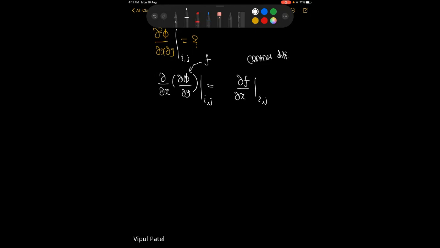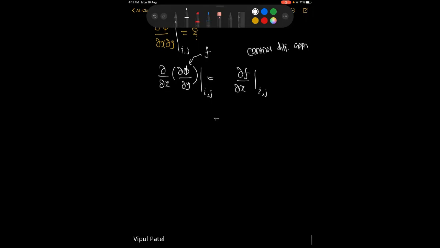For the first order derivative, your central difference approximation is f at I plus 1 comma j minus f at I minus 1 comma j, divided by 2 delta x, because this is something we have already seen. So my equation is del f by del x at any I j equal to this particular term.